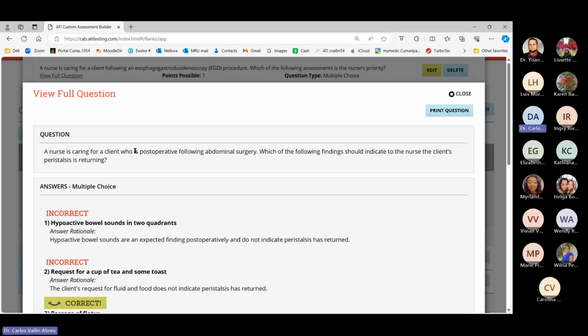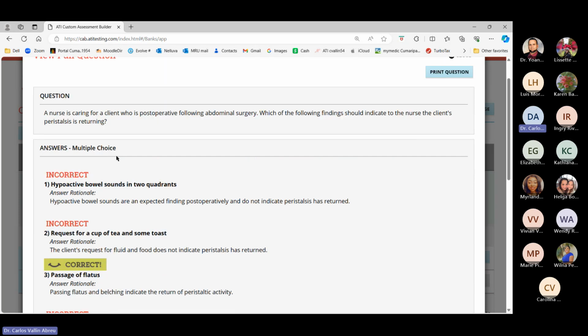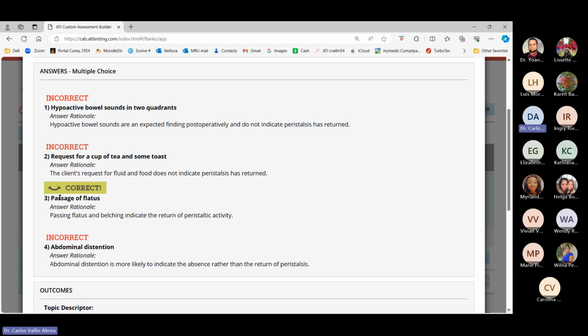A nurse is caring for a client who is postoperative following abdominal surgery. Which of the following findings should indicate to the nurse that the client's peristalsis is returning? Well, the best is, yes, passage of flatus. The evidence says that the best evidence that the client is returning to peristalsis and can start eating is the passage of flatus.